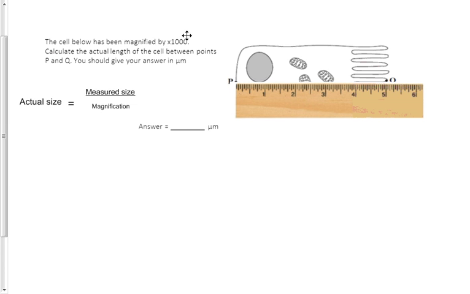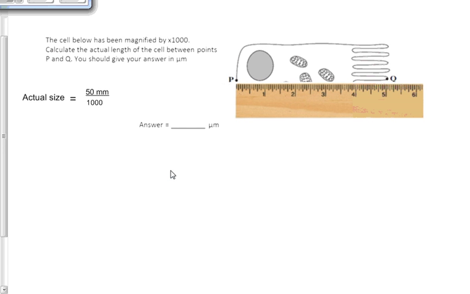We know that our magnification is times by 1,000. We're nearly at the point where we can answer the question. The problem that we've got is that, as you can see, we're looking for an answer in micrometers, but our measurement here is in millimeters. Now we can't do a calculation successfully here unless we have got units that are consistent throughout. So what we're going to have to do here is convert millimeters into micrometers.